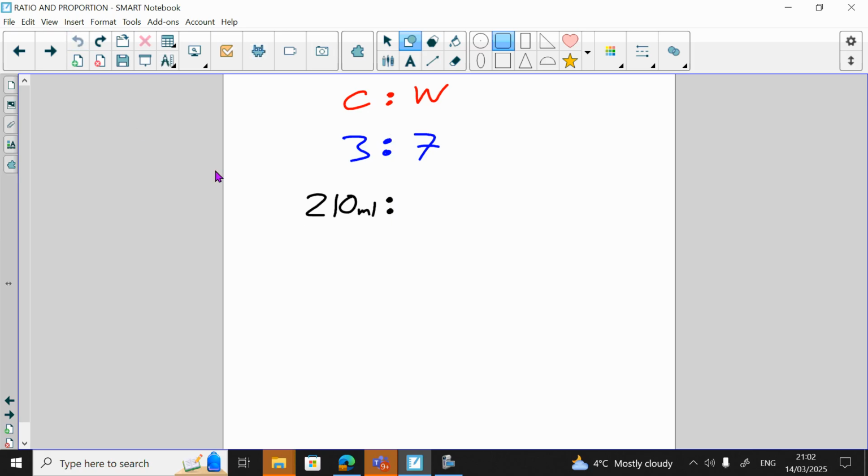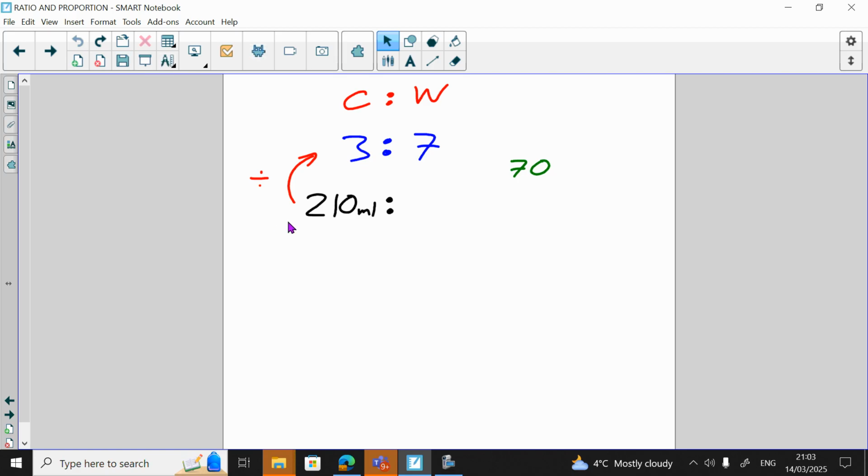So what we're going to do here is the 210 and the 3. I'm going to take that and divide it by that. So 210 divided by 3, okay, what does that give me? 70.